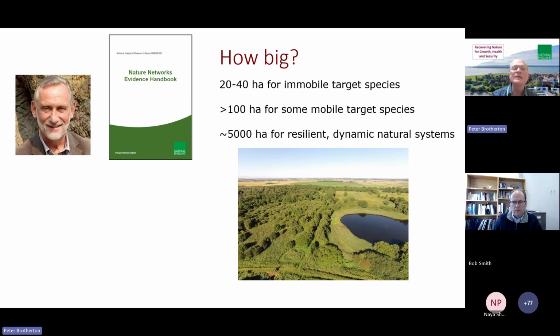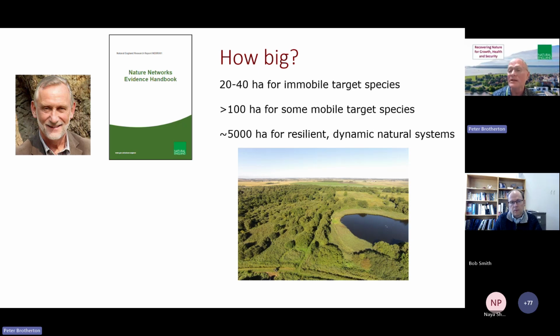How big do sites need to be? Well, some of the work that we've done since the Lawton Review has helped to clarify that, and we think that the evidence, and it's patchy evidence, we need to improve this, but around 20 to 40 hectares is pretty good for a fairly immobile target species such as a plant or some invertebrate species.